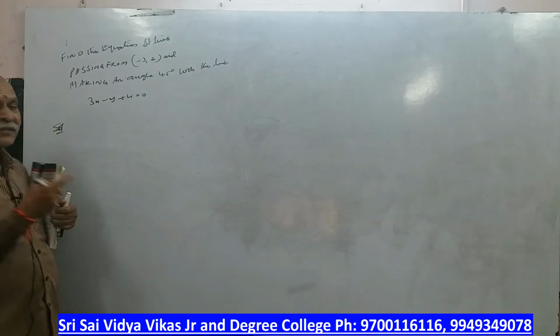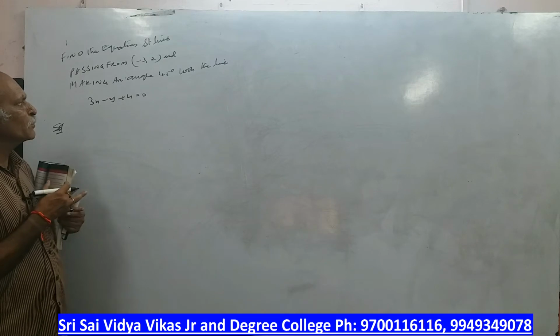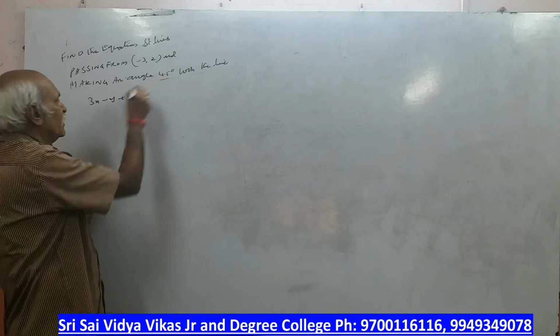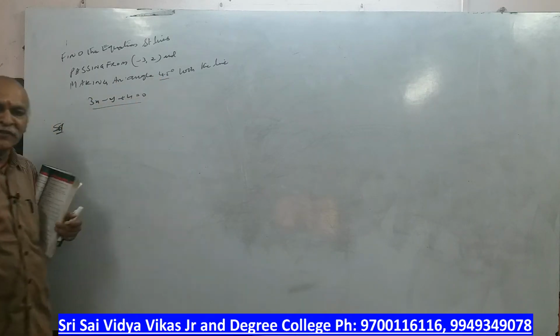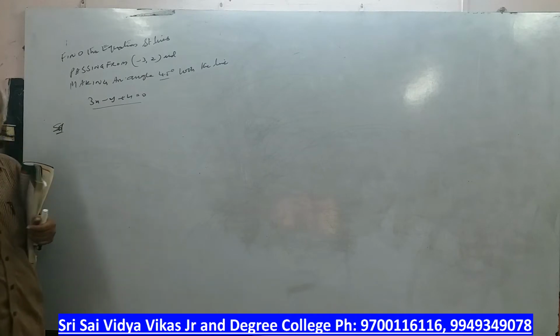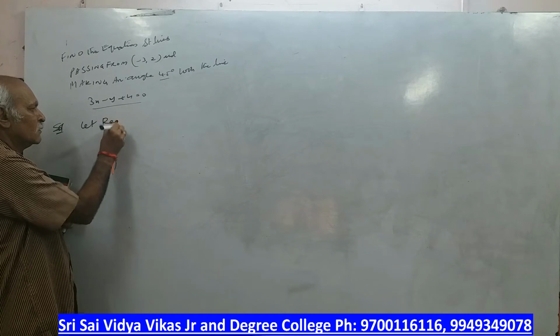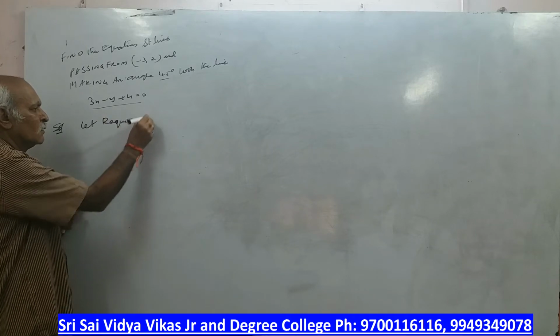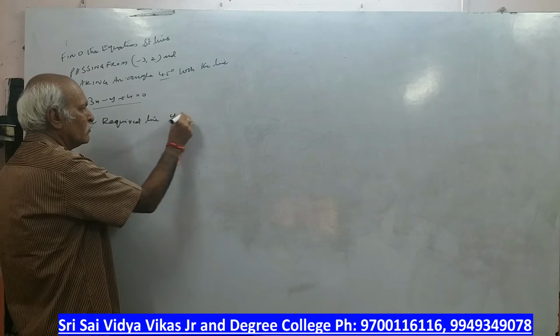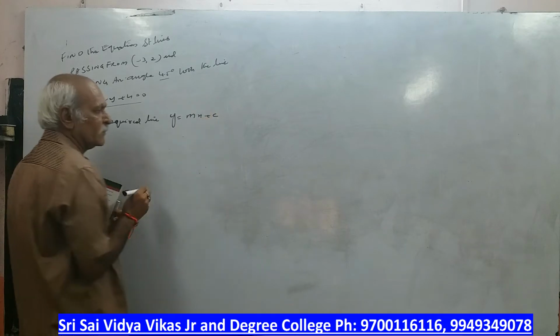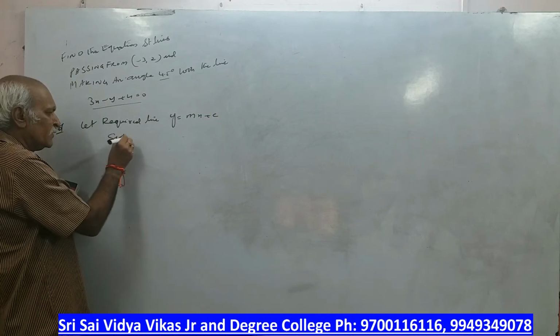Now what is that? It says equation of straight line passing through this point and making angle 45 degrees with this line. It is not making the angle with the x-axis, sir. It is making angle with the line. Now let the required line be y is equal to mx plus c. Slope is m.